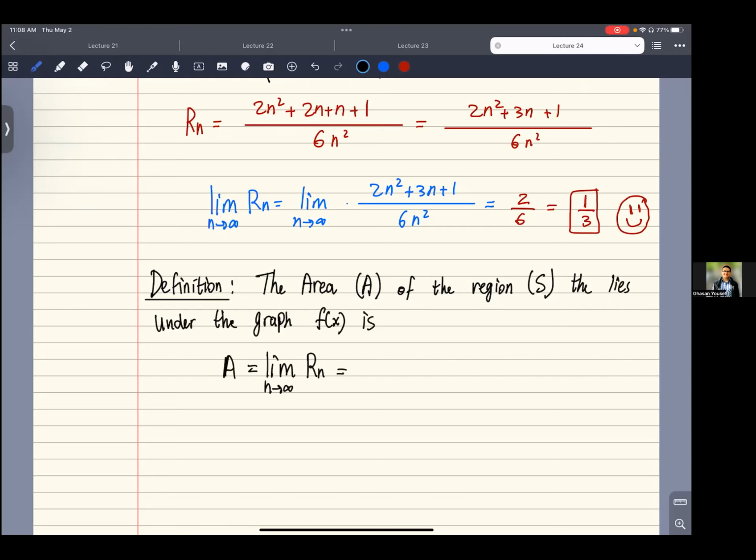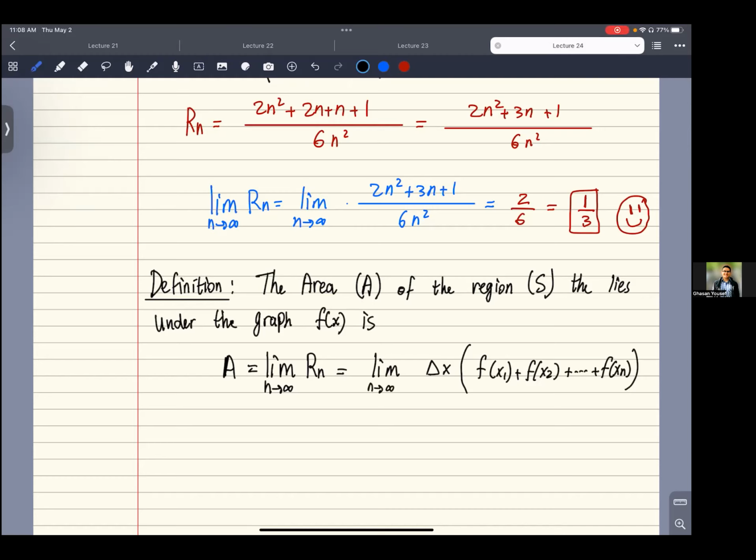It is the same as the limit of delta x, open parentheses, f of x1 plus f of x2 plus dot dot dot plus f of xn, when n goes to infinity.